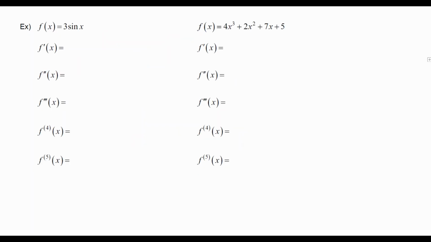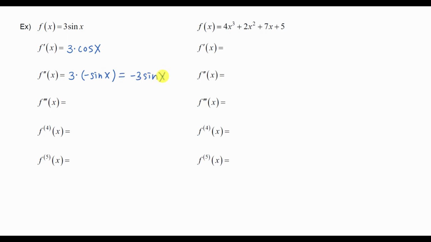So let's do an example. Let's say I have f of x equals 3 sine x. What will be the first derivative? Well, the derivative of 3 sine x, 3 stays the same, and the derivative of sine x is cosine x. And then what will be the second derivative? 3 stays the same, and the derivative of cosine x is negative sine x, which is equal to negative 3 sine x.